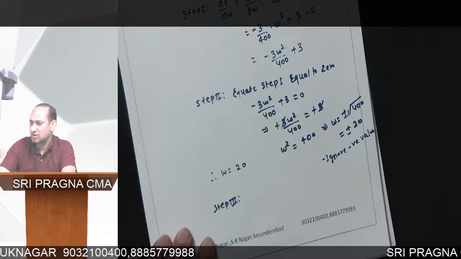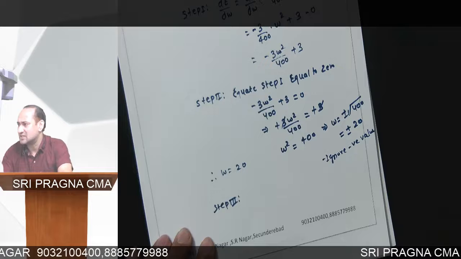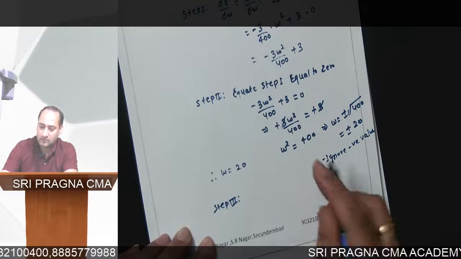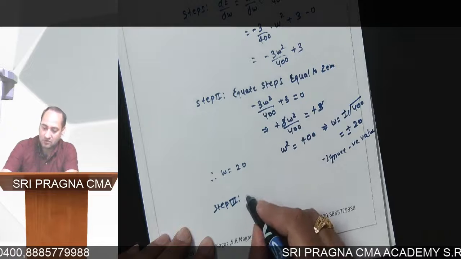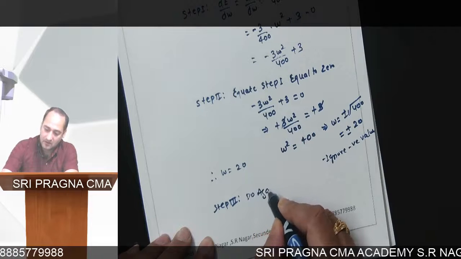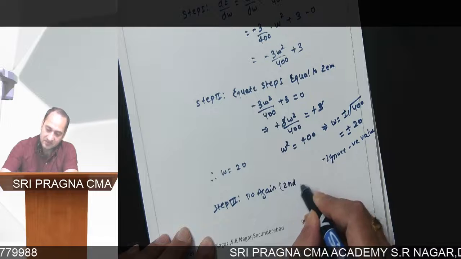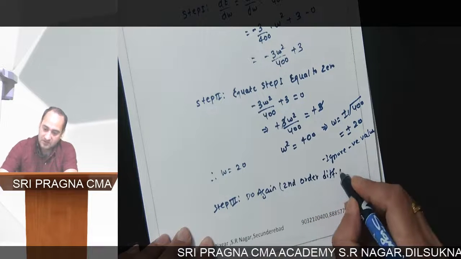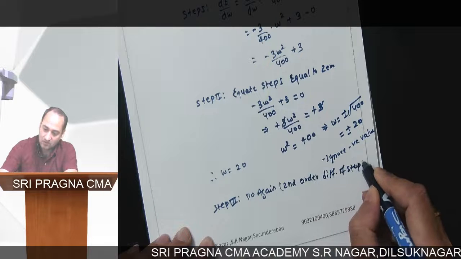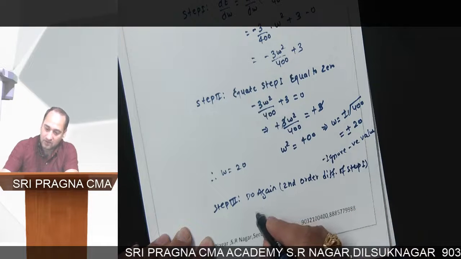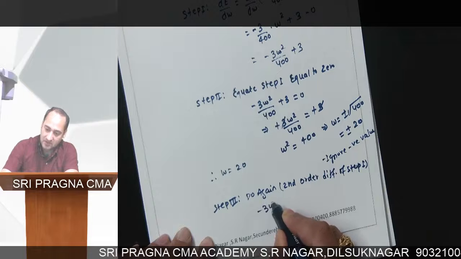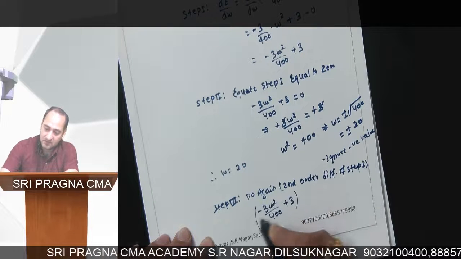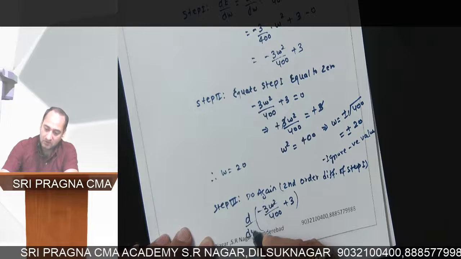See, just like a story, if you do it this way the sums become very easy. Just a basic concept is required. So I have to do the second order differentiation of step number 1: d by dW of minus 3W square by 400 plus 3.